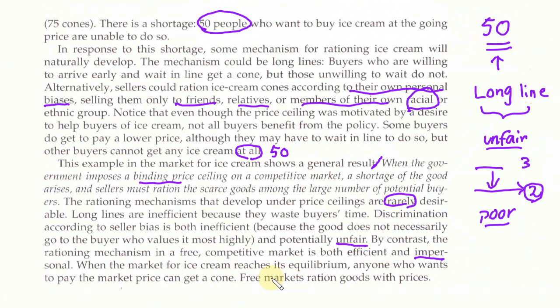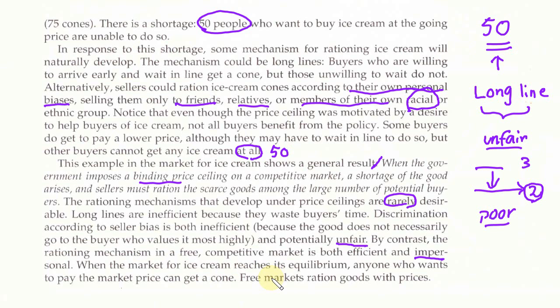We can expect three phenomena. Number one, as the economic policy intended, some people can purchase at a lower price even though they spend their opportunity cost in the line. In this case, we have a problem with waiting time.